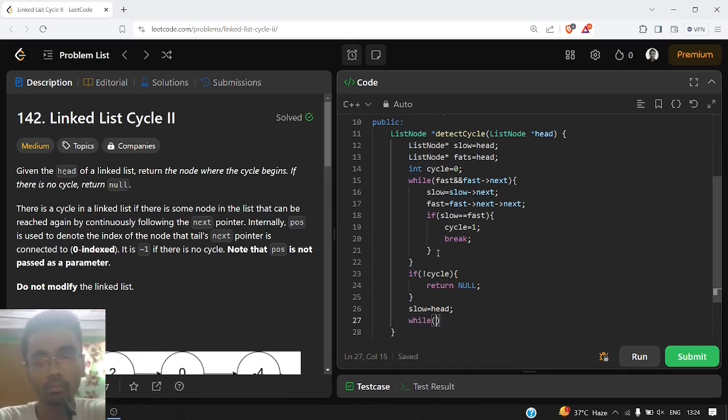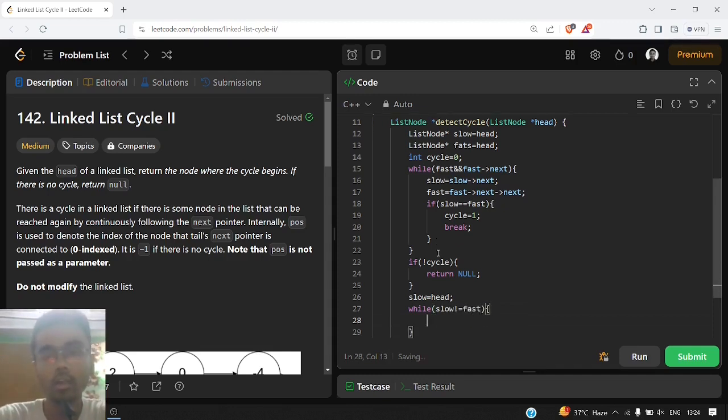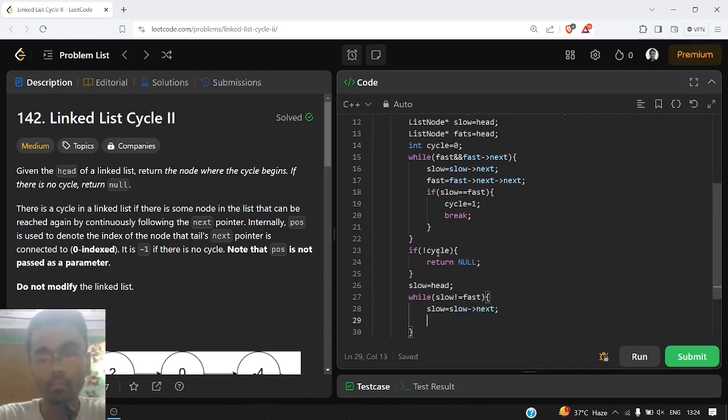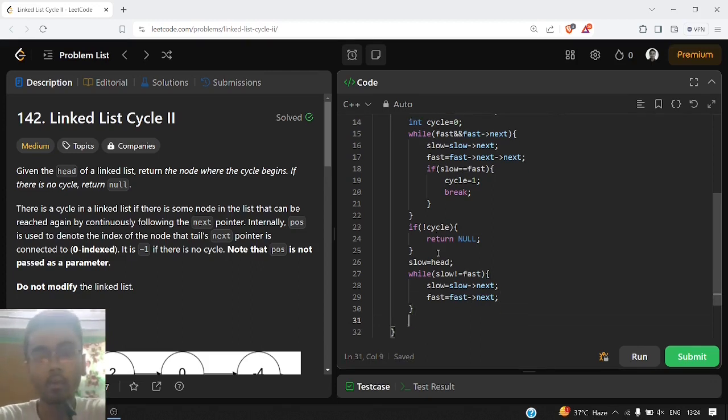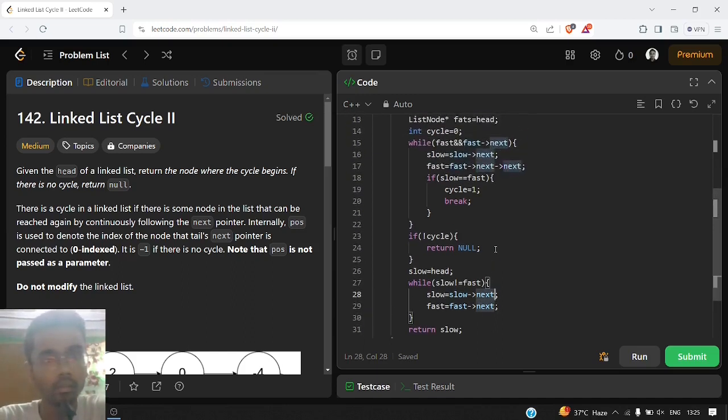So while slow not equal to fast, we'll continue our iteration by moving slow pointer one step and fast pointer also one step ahead. Now once they meet, we will come out of this loop and we will return any of the pointers, either slow or fast. We will return slow in our scenario. So this is the algorithm.